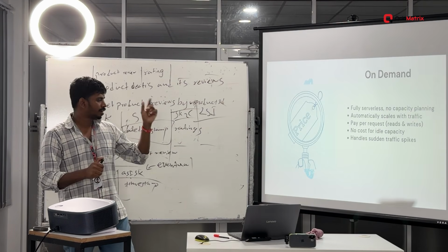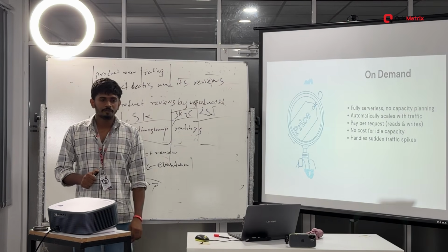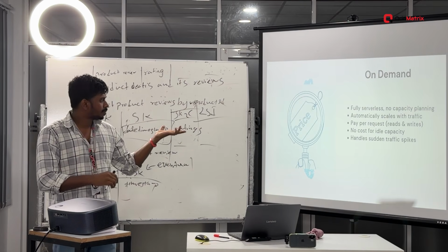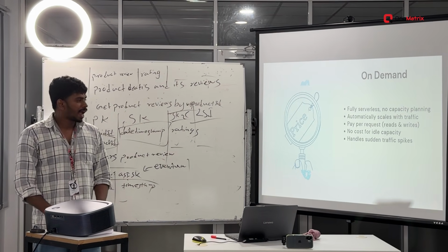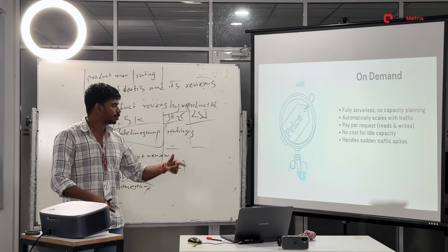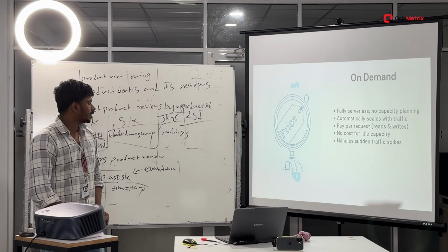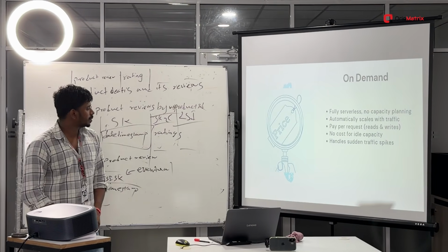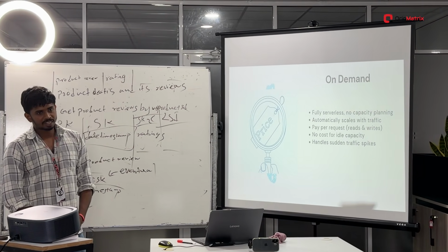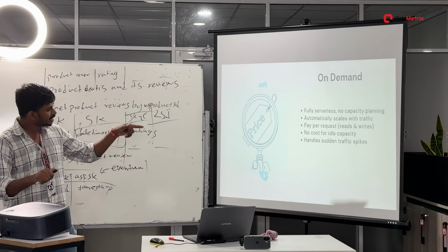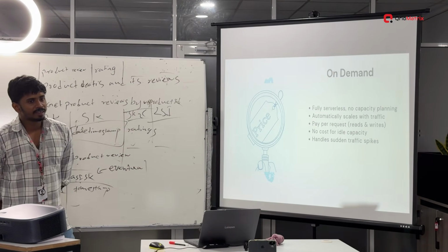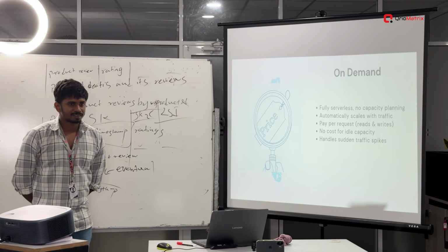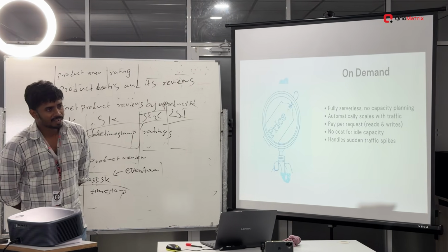But DynamoDB provides some amount of free tier, and after that it will cost you for these reads and writes. And also, as mentioned, it handles sudden traffic spikes. But even in on-demand mode, there can be throttling situations. We can discuss it later.